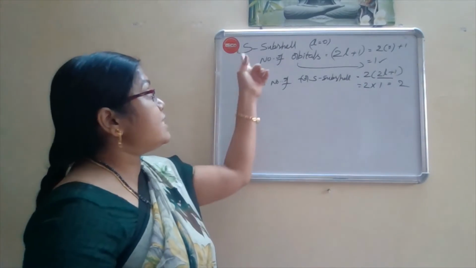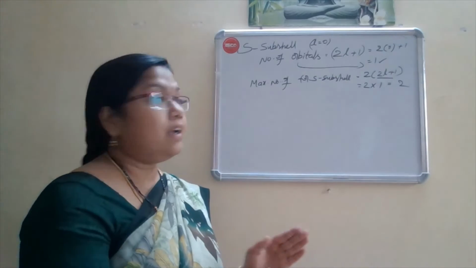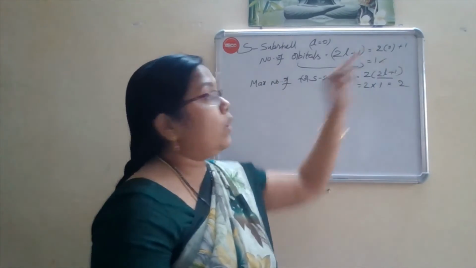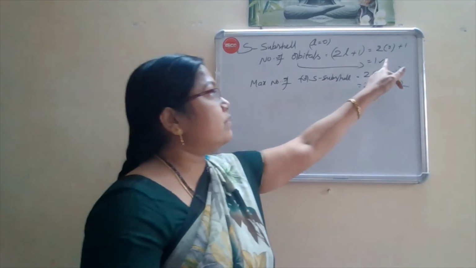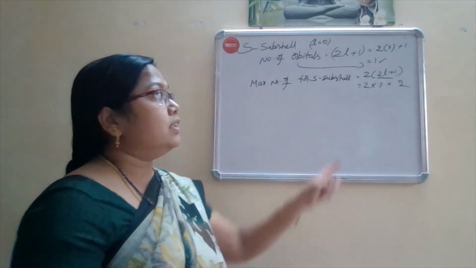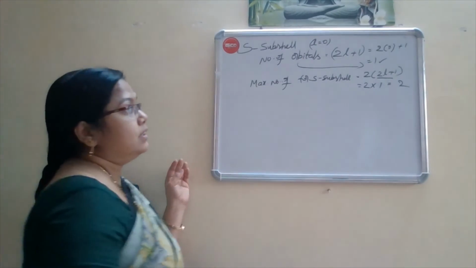So, S subshell is divided into smaller groups called orbitals. S subshell has one orbital. This one orbital contains 2 electrons.